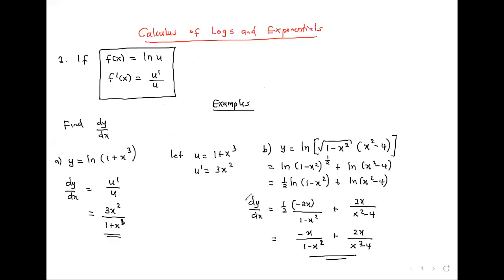Okay, let's start from the first slide. If your function is f of x equal to ln u, what you are differentiating is the u. To differentiate ln, you differentiate u and divide by u.